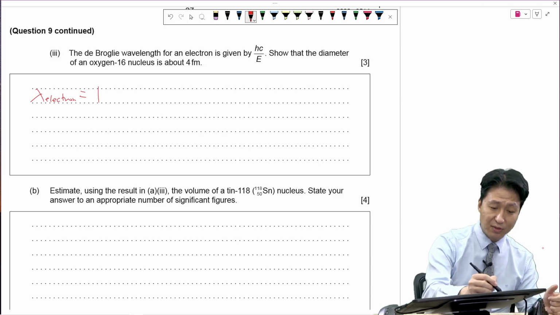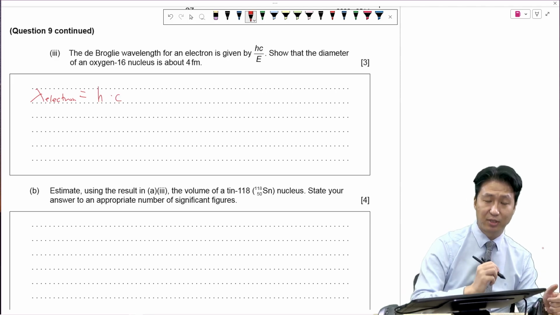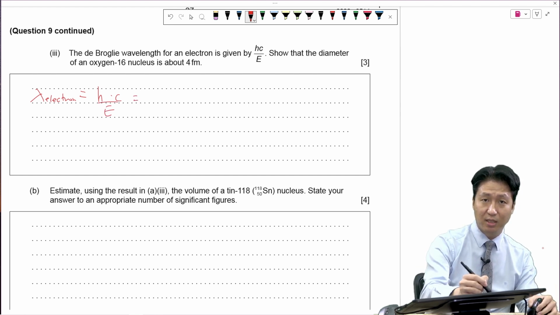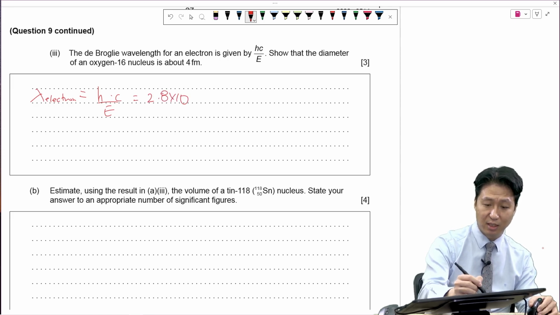If you use joules, you have to use the Planck constant in joules times the speed of light in meters per second divided by the energy in joules, which would be, in this case, approximately 2.8 times 10 to the negative 15 meters.